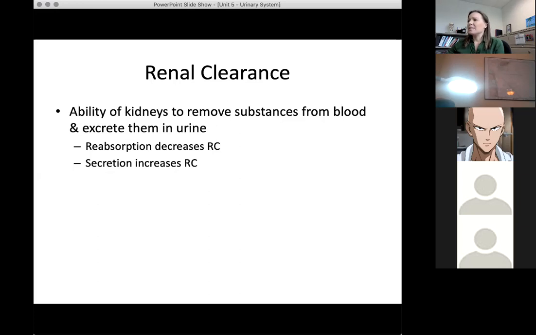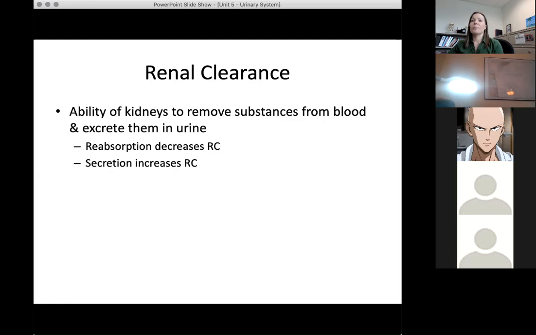So let's skip to the tests of kidney function. Just go all the way down, scroll past the diagram, production of dilute urine, production of concentrated urine, and then there is the tests of kidney function. One of the main things used to test kidney function is called a renal clearance test.